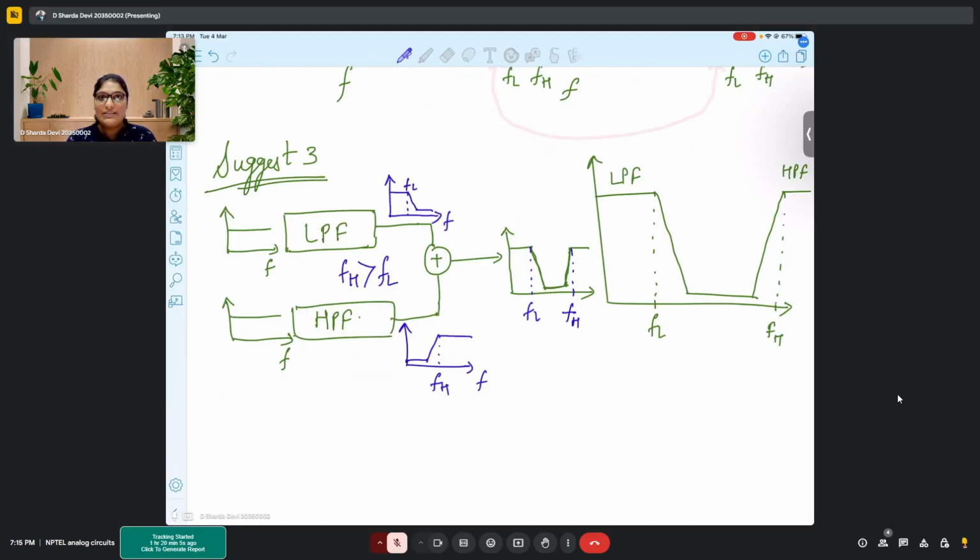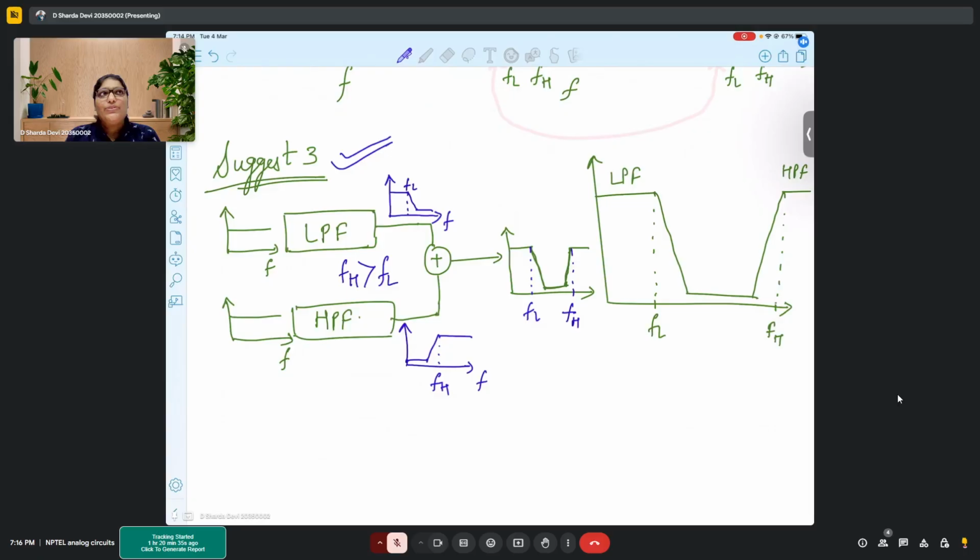Is this clear? Yes, clear, madam. So this is actually how you design a band stop filter. Ma'am, one question. Yes. Can these band stop and band reject filters be designed using passive components?